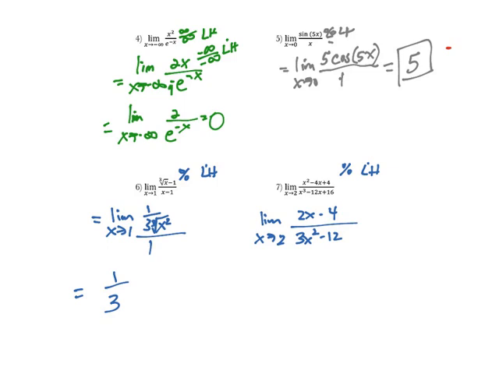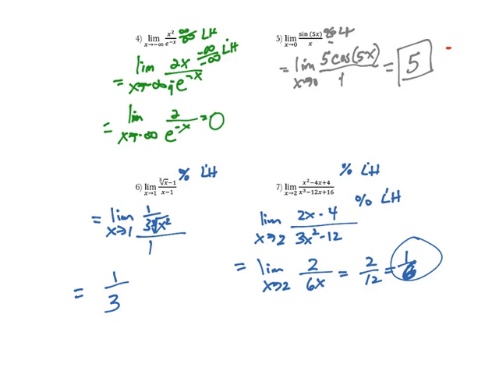But when I plug 2 in again, I still get 0 over 0. So I have to do L'Hopital's rule again. And I will end up with, take the derivative, so that's 2 over 6x. Now plug in 2, I get 2 over 12, or 1/6 for my limit.